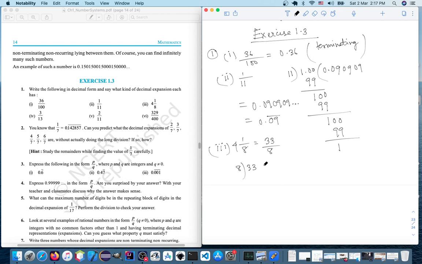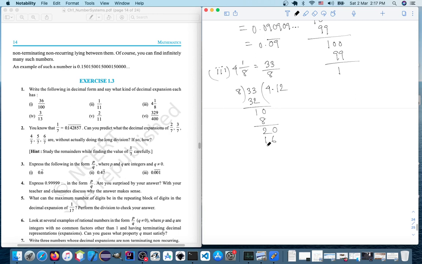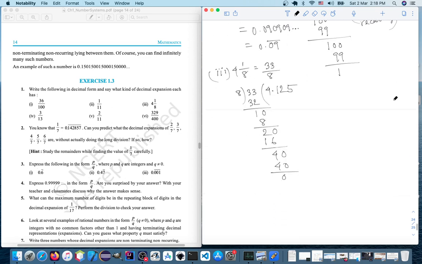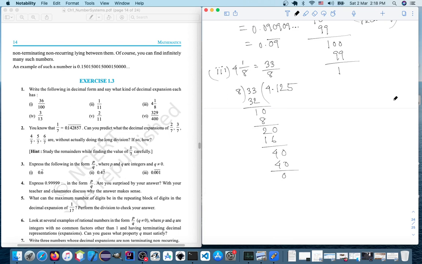The remainder eventually becomes 0, so the division process is ending, terminating after finite steps.